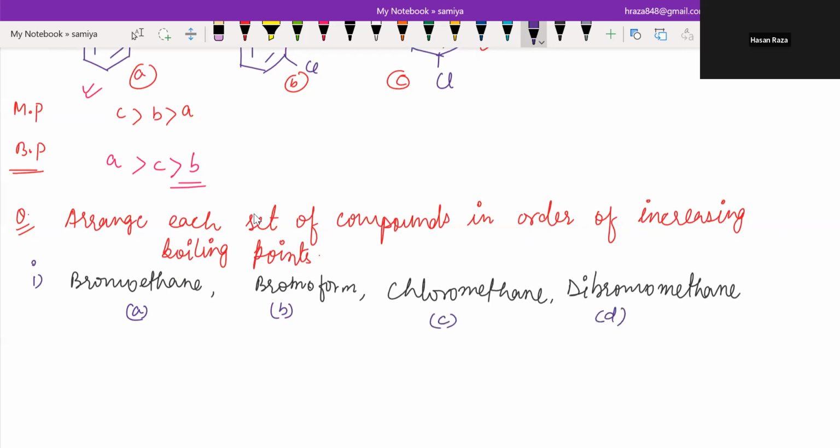Can you solve this question? Anyone got any answer?